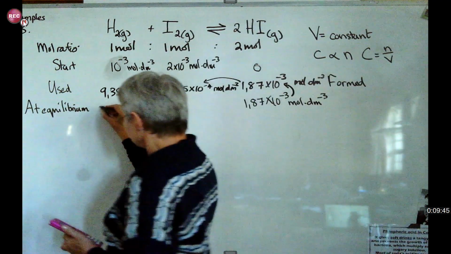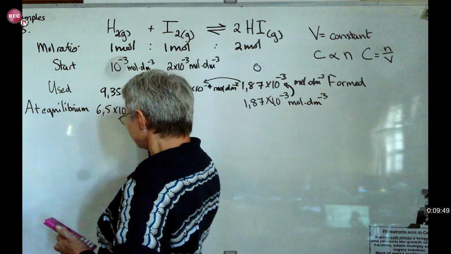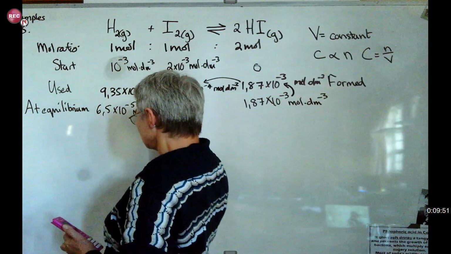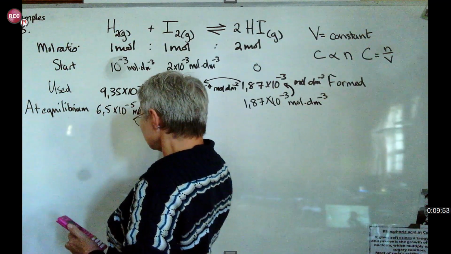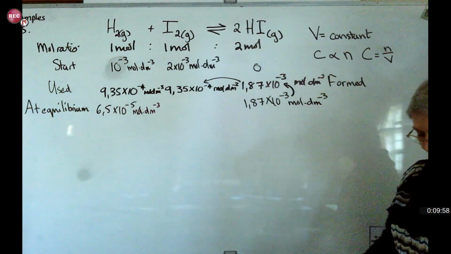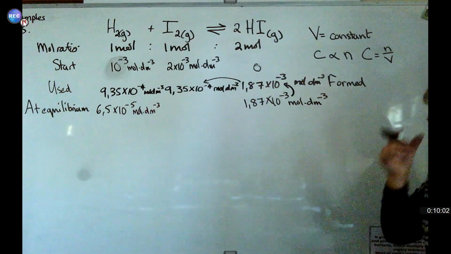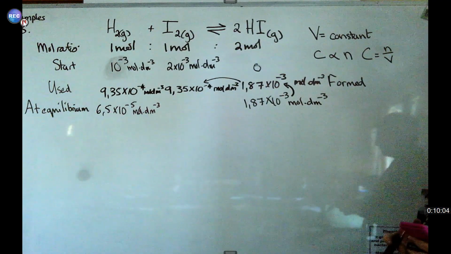I get 6.5 times 10 to the minus 5 mole per cubic decimeter, or 65 times 10 to the minus 6. If you want to work with all those, you're welcome.